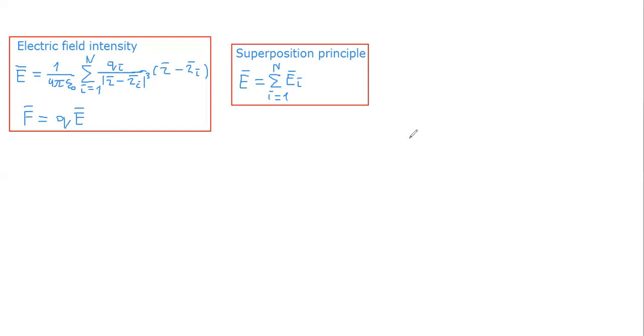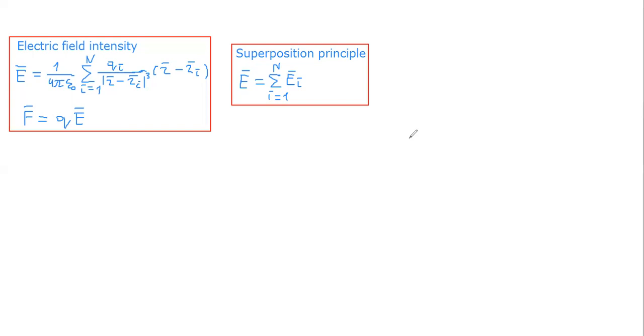What is a potential field? In this field, the work of forces produced by this field depends only on the initial and final position of the point.